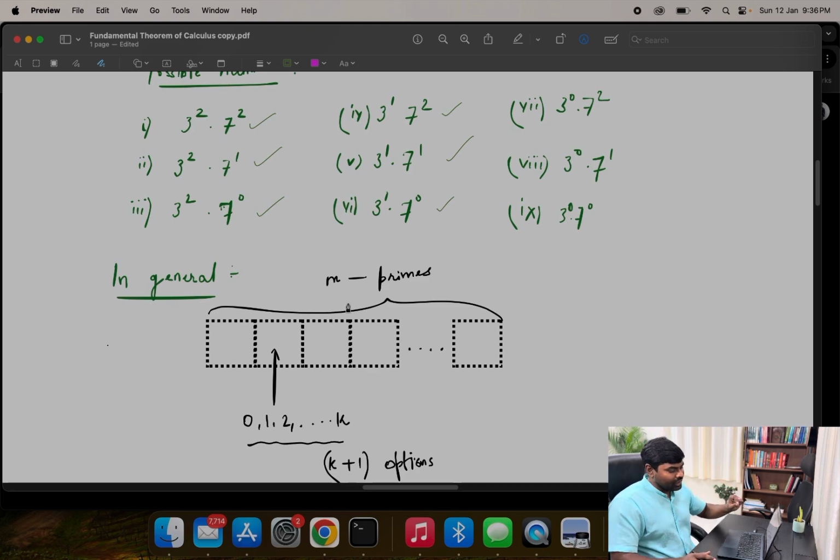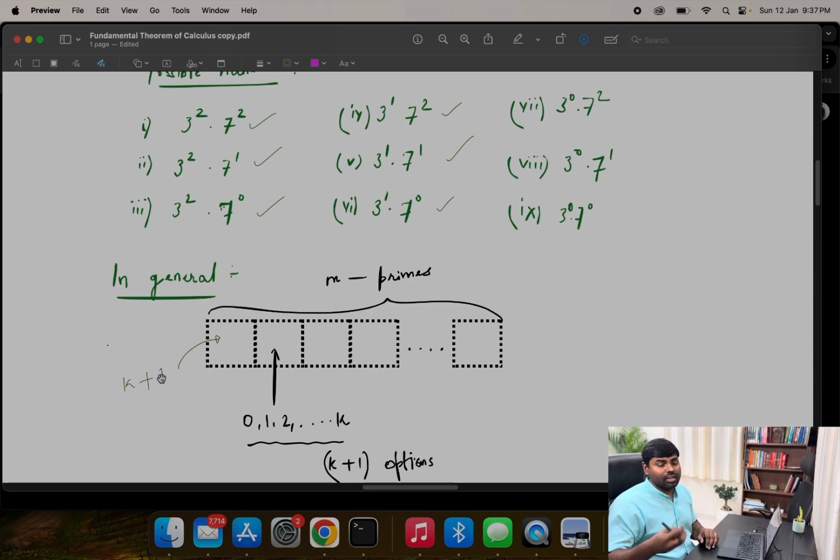And within each box, you can put any number of balls between 0 and k, both inclusive, right? So if you pick any one particular box, how many options are there? Well, it has got k plus 1 options, right? Because you can put 0 balls or 1 ball, 2 balls, 3 balls, all the way till k balls. And each of those m boxes have those options independently, right?